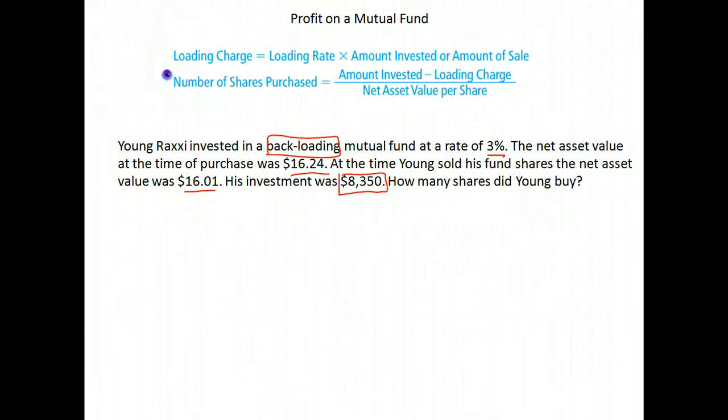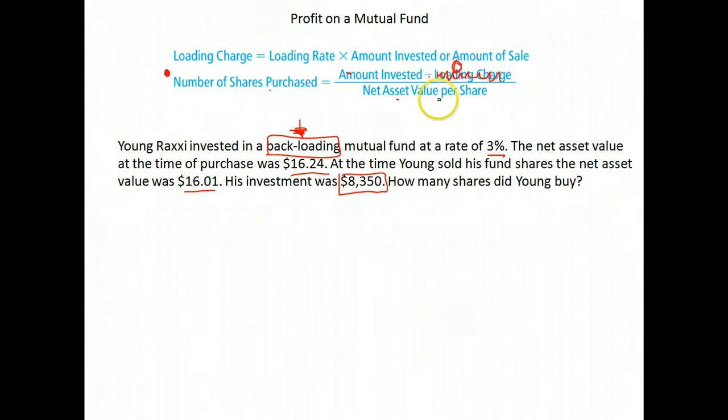Remember we have that formula for the number of shares purchased. It's the amount you invested minus your loading charge, divided by the net asset value per share, at the time you're purchasing it. But notice this was a backloaded one, so the loading charge at purchase is going to be 0.